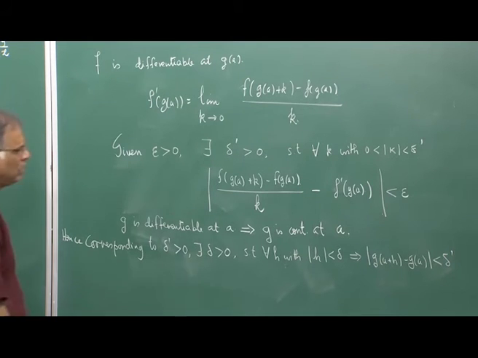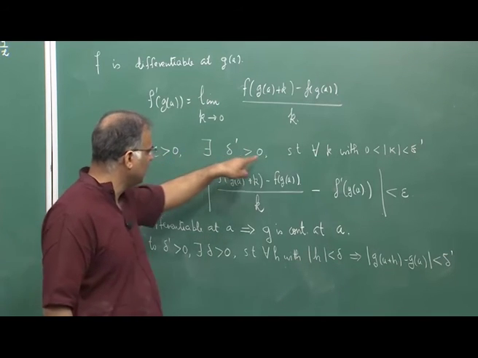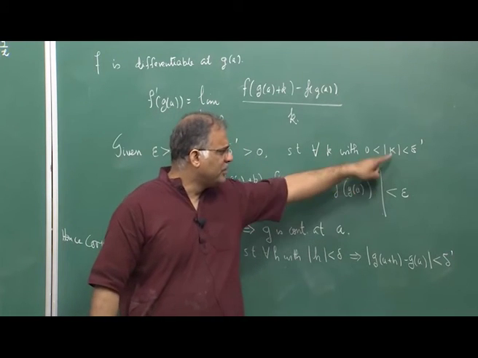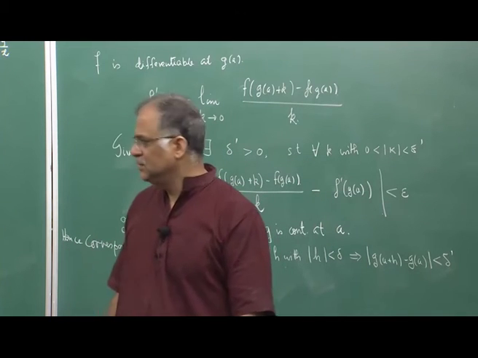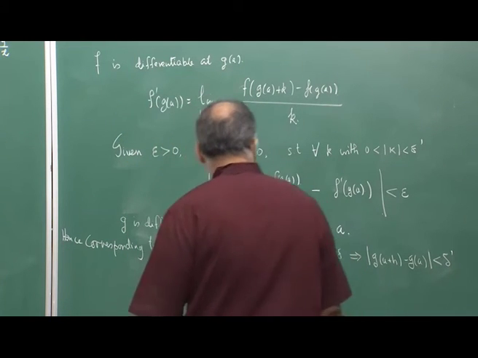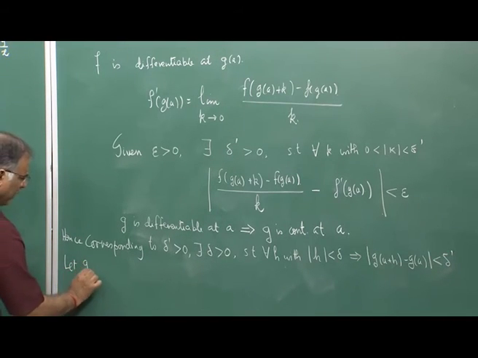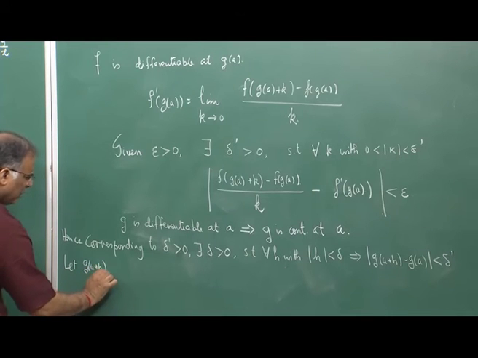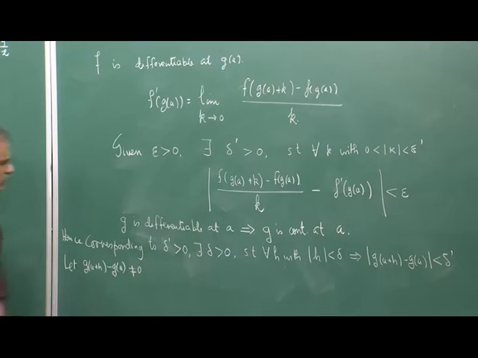Now, this fact, that given epsilon there exists delta dash for which this holds, is true for any k which satisfies this. Okay. Now, assume that g of a plus h minus g(a) is not equal to 0.